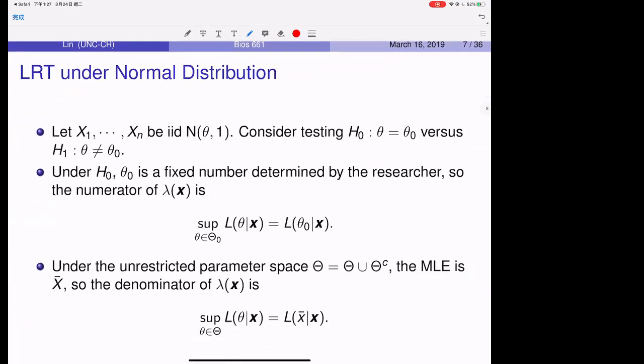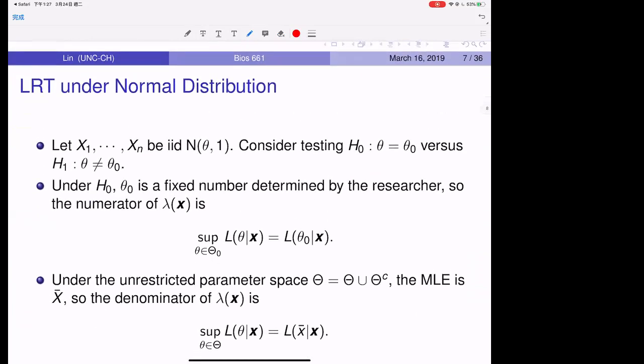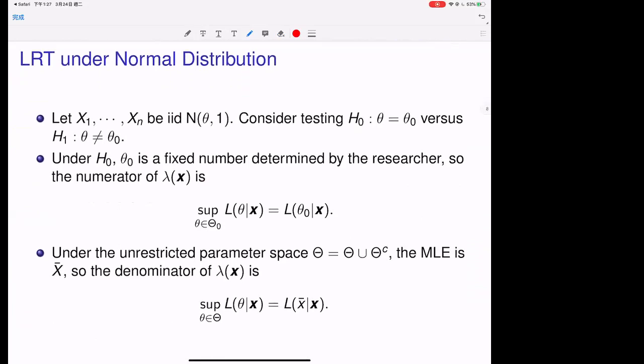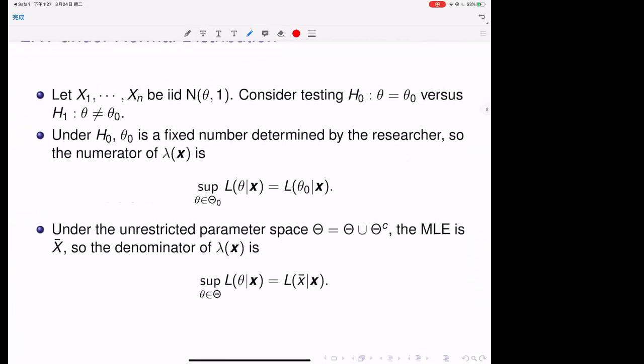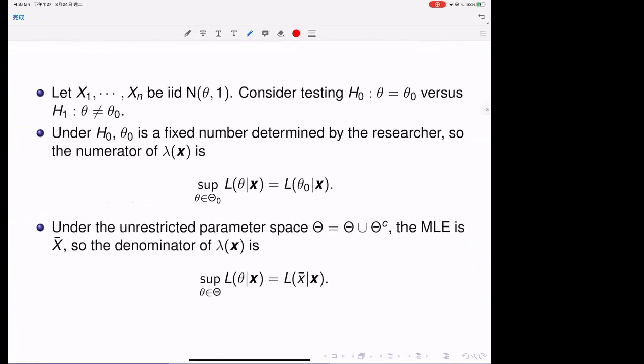Okay, we still have 30 minutes left, so let me quickly move to an example to tell you what is meant by LRT.